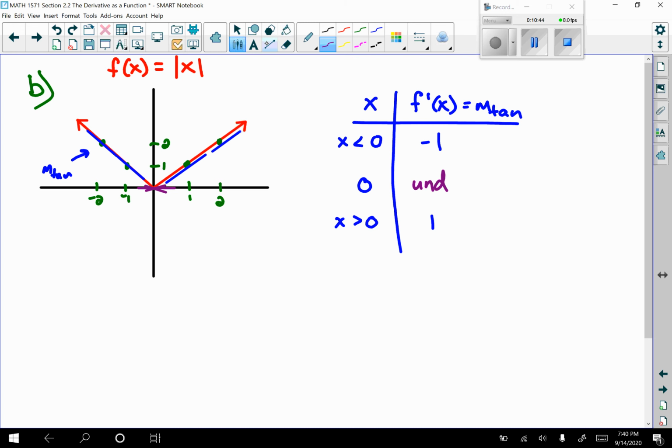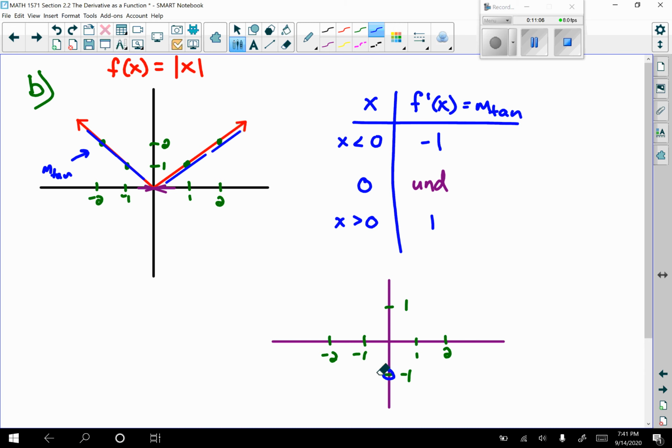So now what we're going to do is draw a new coordinate plane. I've got a positive 1, a negative 1, and then some other values on the x-axis. All right, so when x is less than 0, all of my derivative values, all of my slopes of my tangent lines, are negative 1.